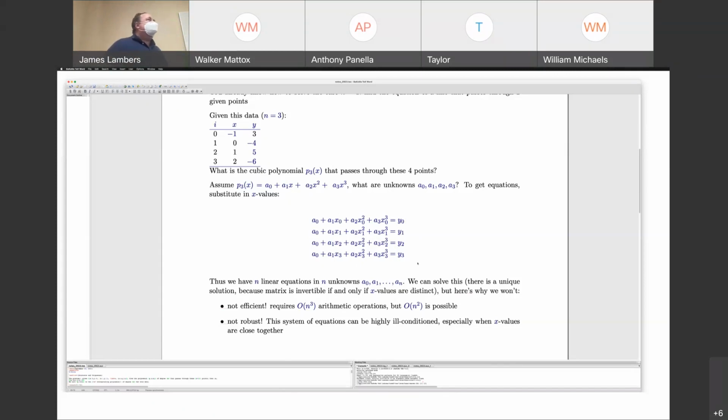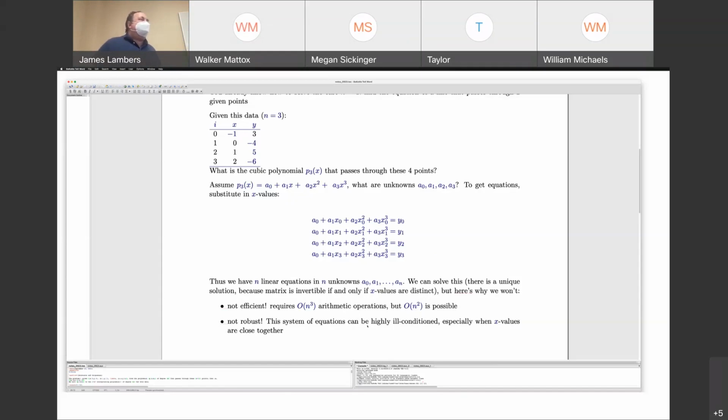The methods that I will show you later for solving this problem and getting these coefficients can be done in order n squared operations, a whole order of magnitude less. Also, if any of the x values are close together, the system of equations is ill-conditioned. So the condition number of this problem of solving a system of equations can get very large in that situation.